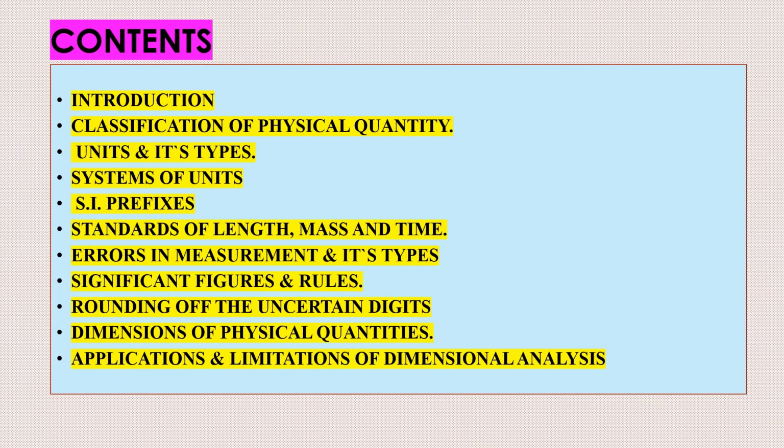Standards of length, mass and time. Errors in measurement and its types. Significant figures and rules. Rounding off the uncertain digits. Dimensions of physical quantities. Applications and limitations of dimensional analysis.